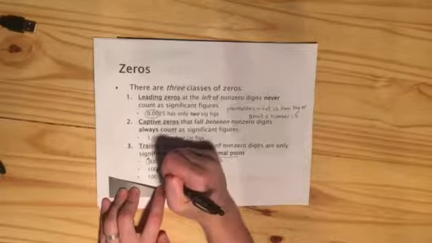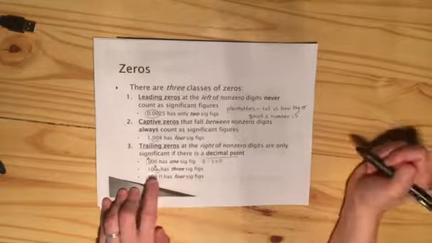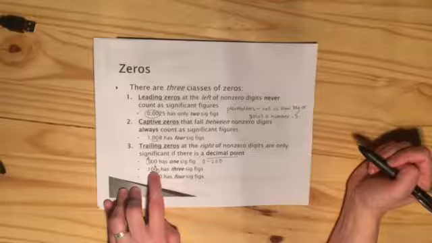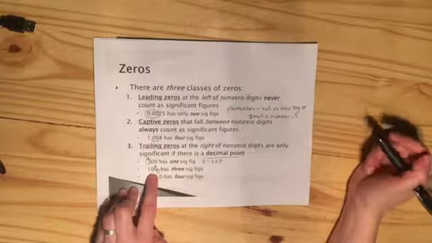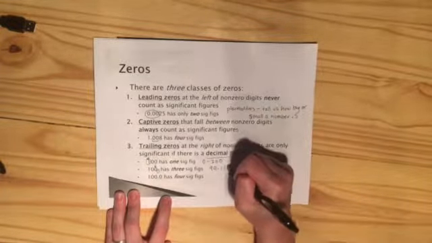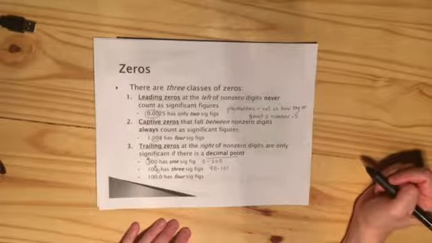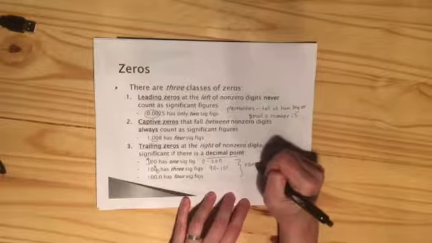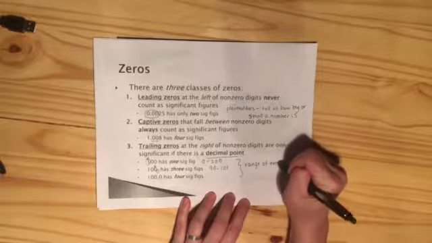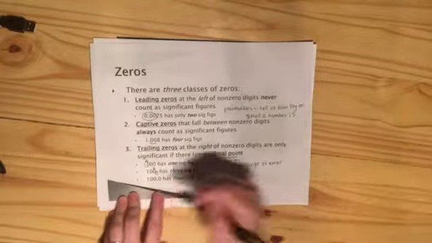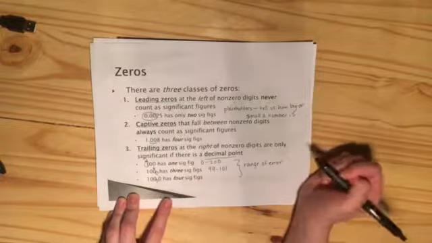If you put a decimal here, then all of a sudden your uncertain digit is right there. And so this has three significant figures. We can now count those as significant figures, and therefore your range of error is now 99 to 101. So it's a much smaller range of error. 100.0 has four significant figures because this decimal makes everything significant.